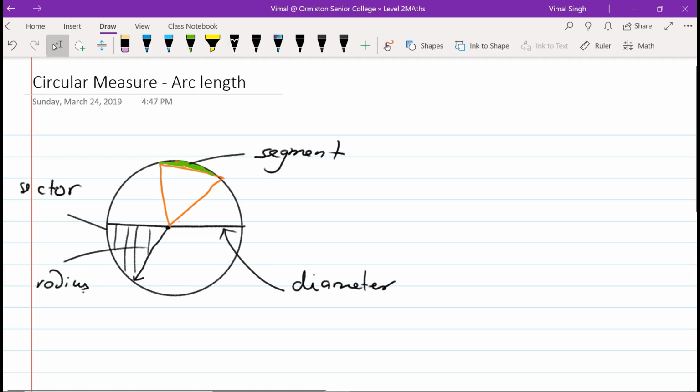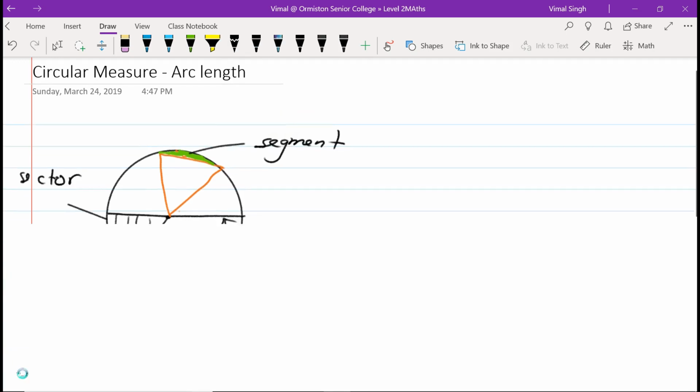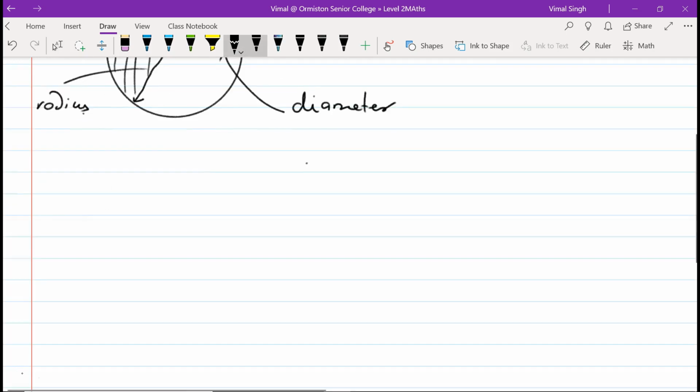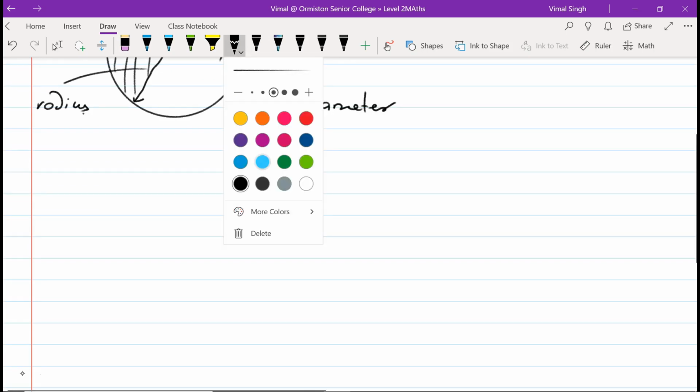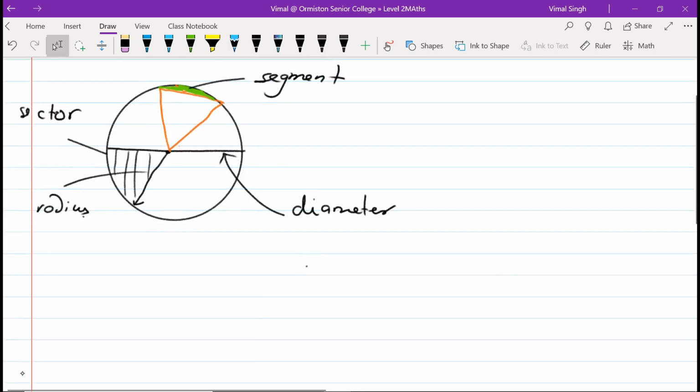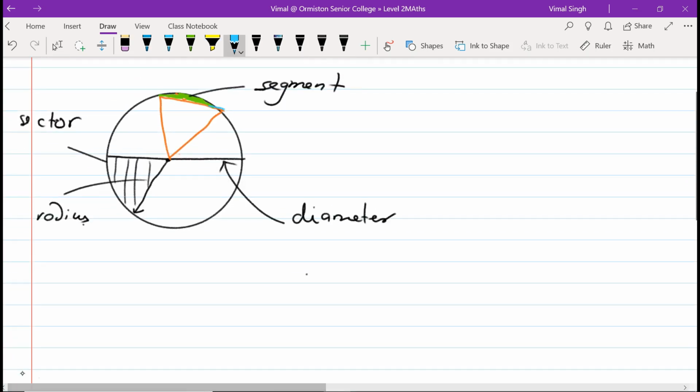And this line, okay, let's try it again. We choose blue. This blue line there, that is called a chord.